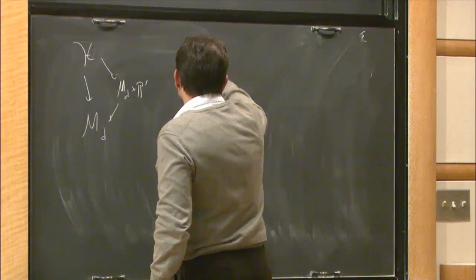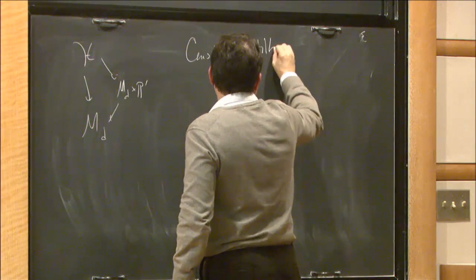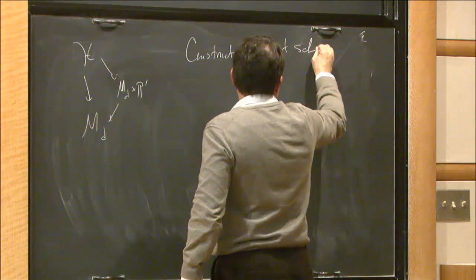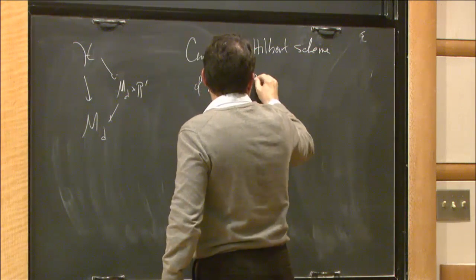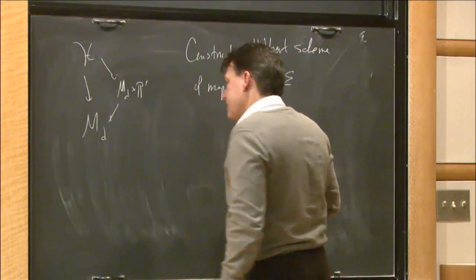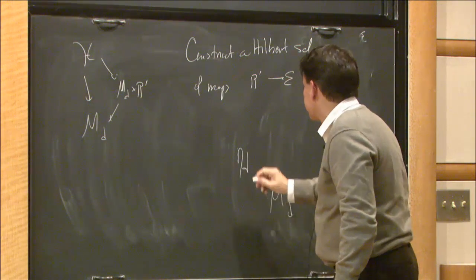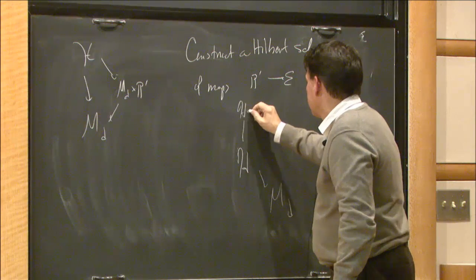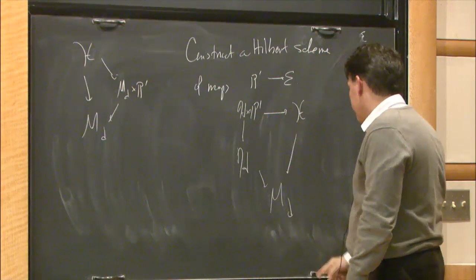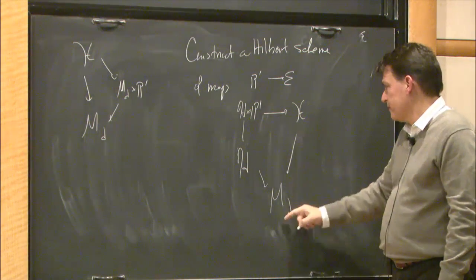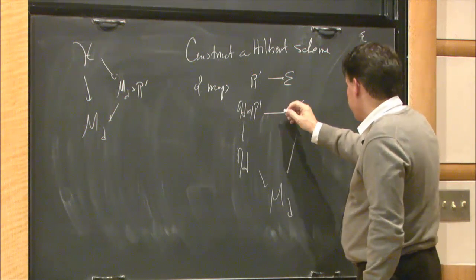So we can construct the Hilbert scheme of maps from P1 to E. So that's something that will live over MD. Call it H. And so H cross P1 will map into this X. I have a picture like this where at a point here there's an elliptic surface and a copy of P1 and a map in here where the image I here.